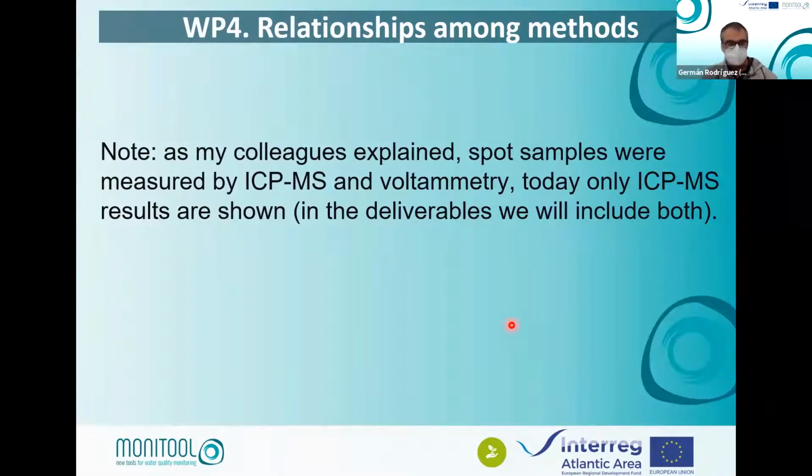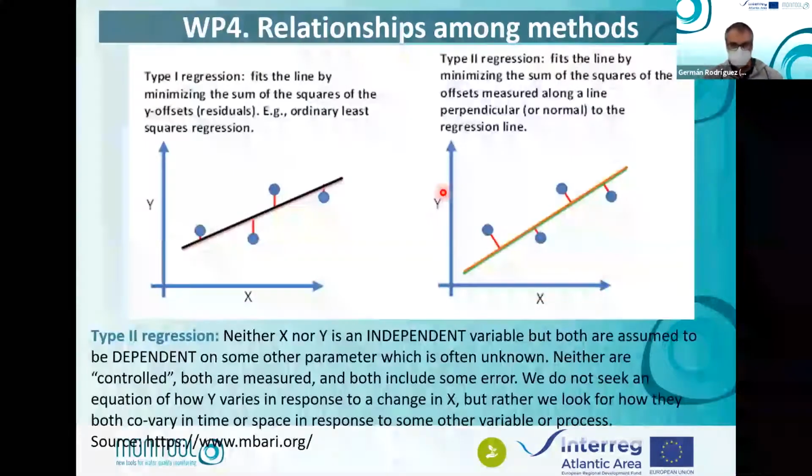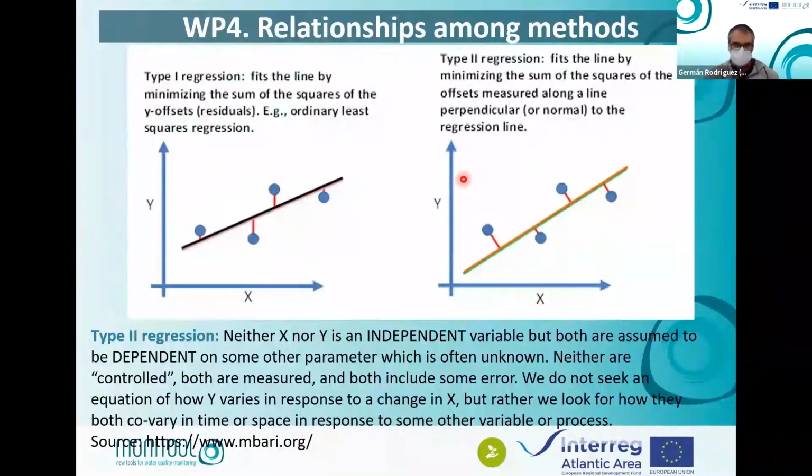A small note: as my colleague has explained today, spot samples were measured by ICP-MS and also by voltammetry, but today we are only going to speak about ICP-MS. In order to relate the two methods, I will put the DGT on this axis and the result of filtered spot sampling on this axis.